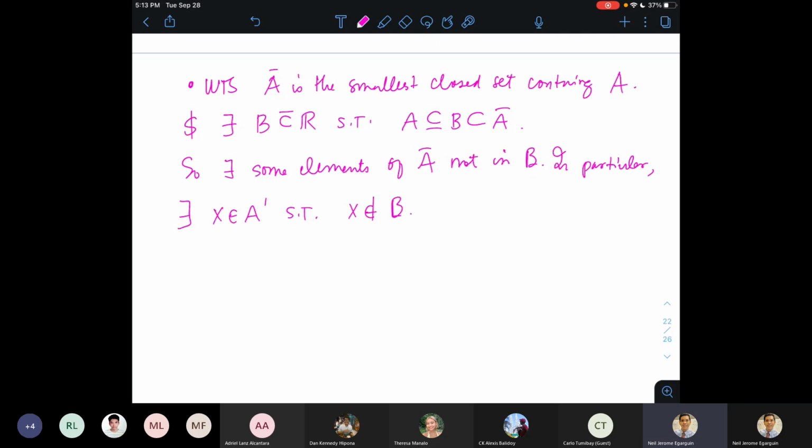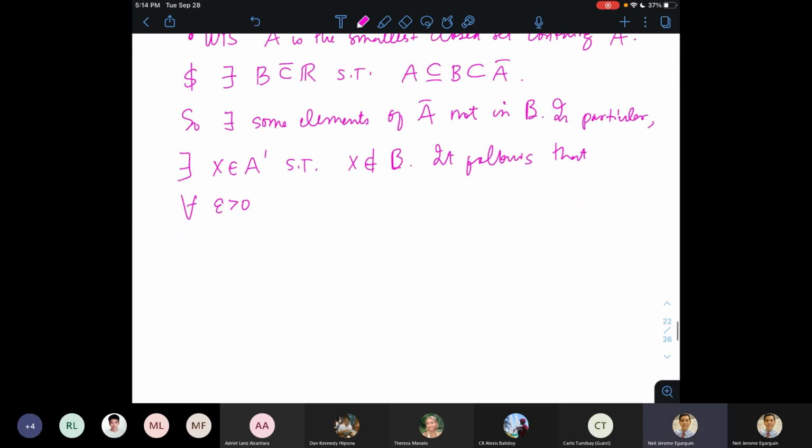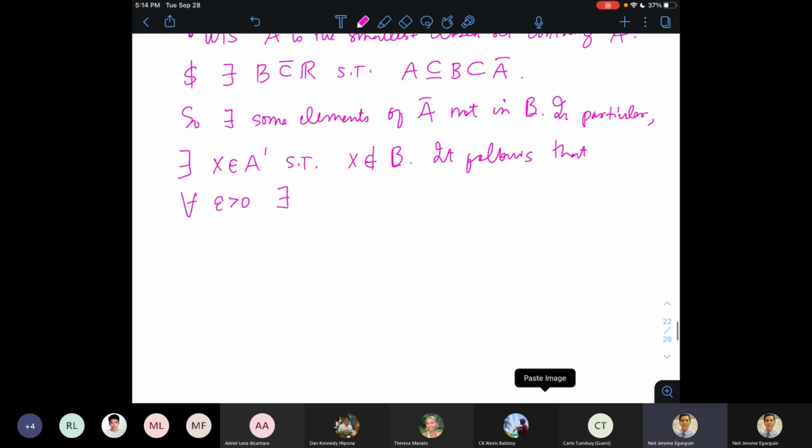So what can we say here? Si x ay element ni A prime. Dahil si x ay element of A prime, it follows that for any epsilon greater than 0, there exists a y not equal to x, such that y is an element of this intersection.